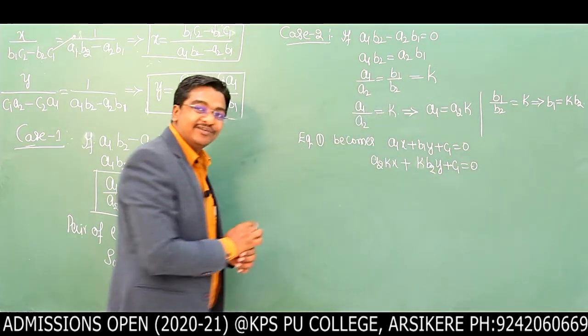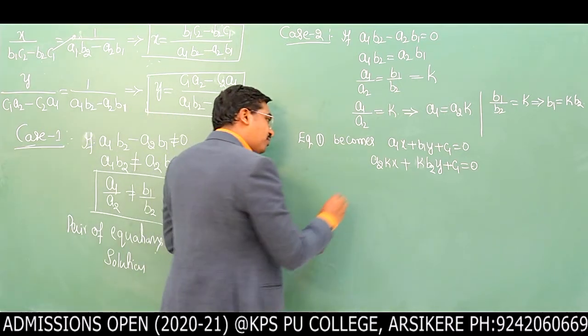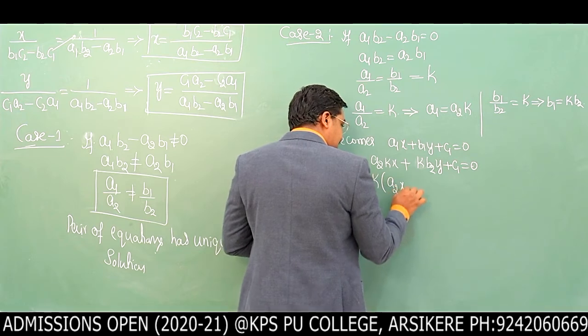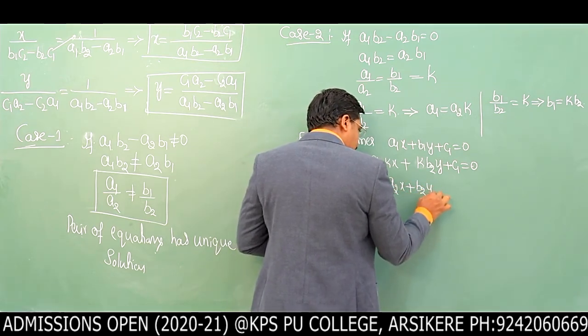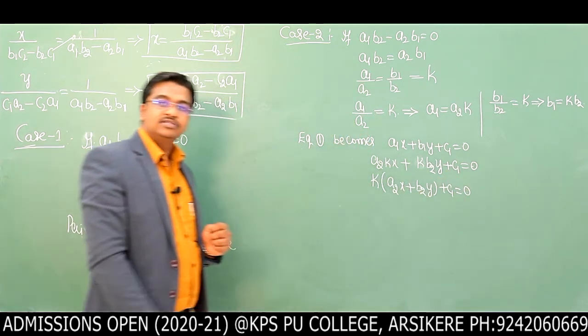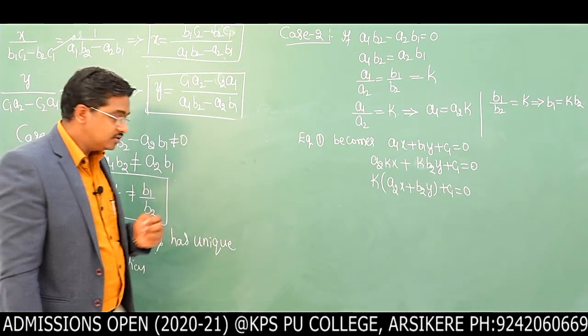Which is the common term? k. If I take k outside, what is left is a2x plus b2y, plus c1 is equal to 0.